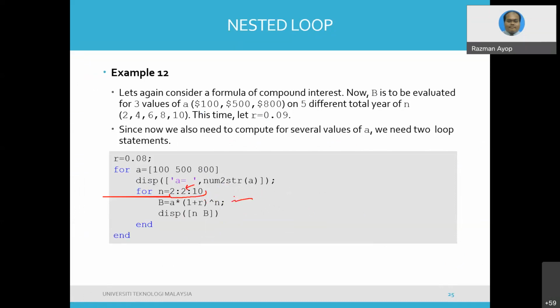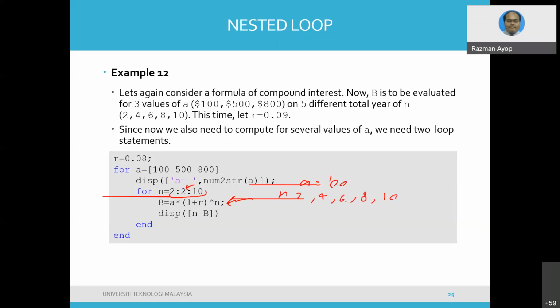And then you include the formula. So it will print one by one. For the first one, it will print n equals to 2, but A equals to 100. Then n equals to 2, 4, 6, 8, and 10.